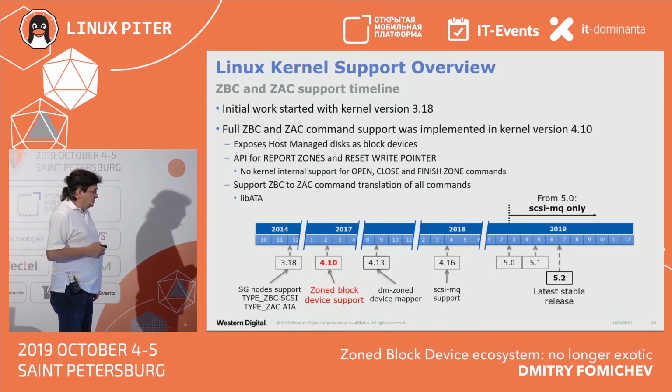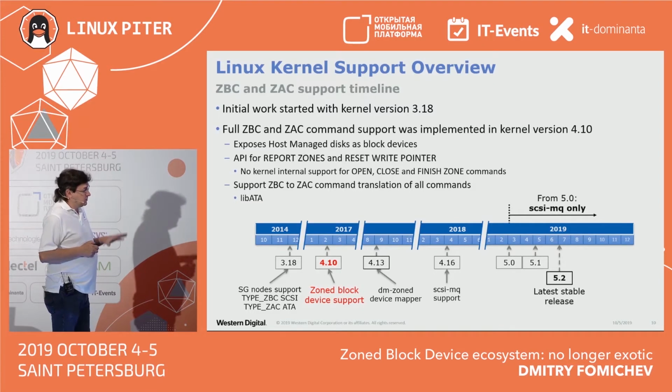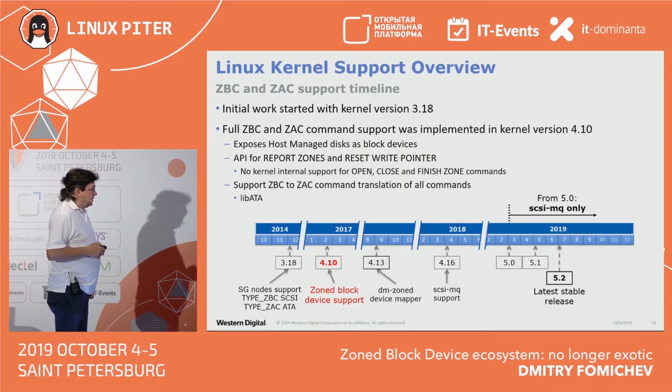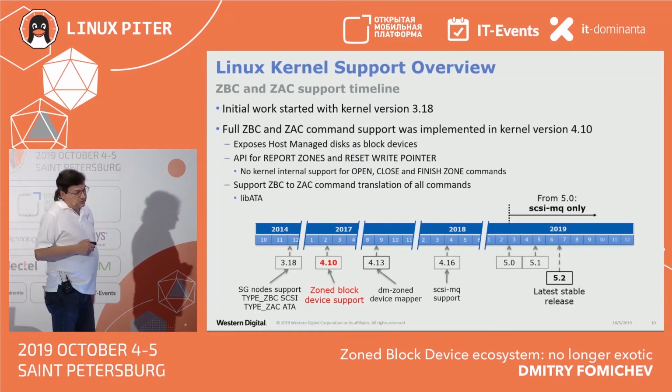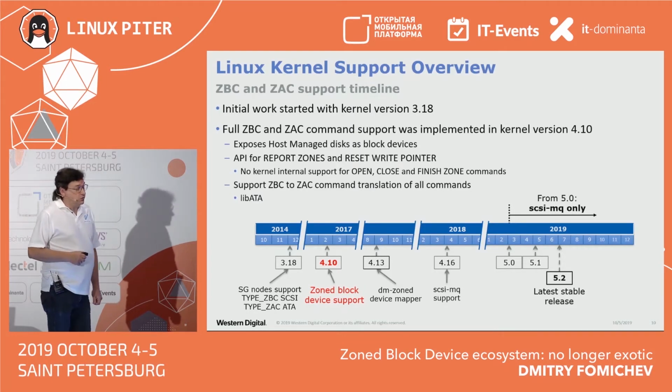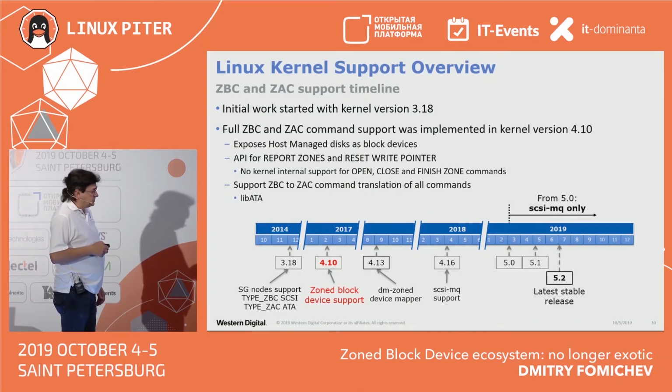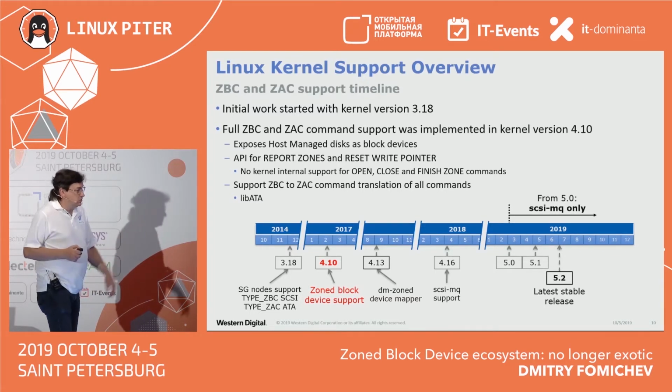So eventually, the code that would support a zone block device was moved to the I/O scheduler, and SCSI MQ multi-queue support was added. In 5.0, the legacy code that was introduced here was removed. So now it's all multi-queue.